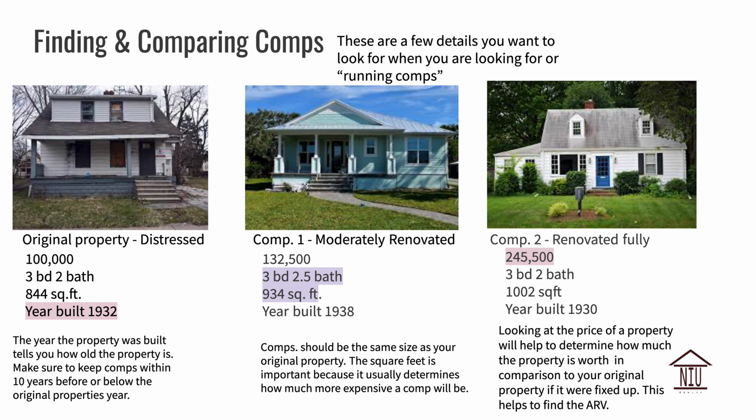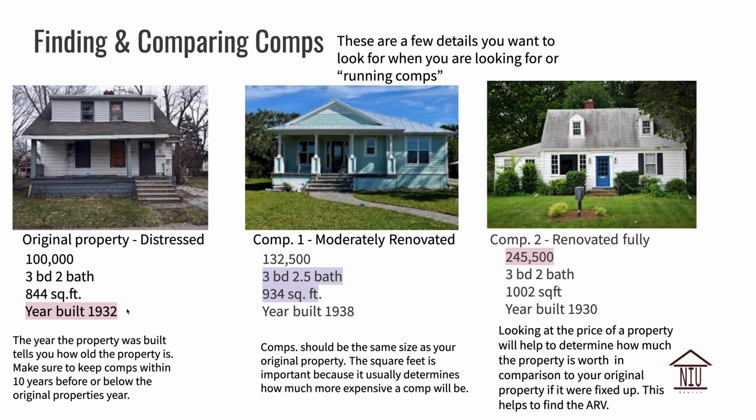Finding and comparing comps. Here are a few details you want to look for when you're running comps. Your original property is the property on our left right here, and it's $100,000. It's a 3-bed, 2-bath, 844 square feet, and it was built in 1932. When you're looking at other properties, you'll want to look at the year the property was built first.